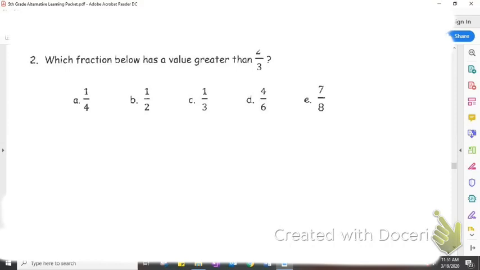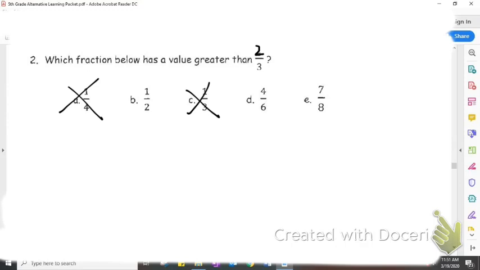Okay, so these ones are all unit fractions, but 2/3 is not a unit fraction, so we have to think of a different strategy this time around. All right, greater than 2/3, not going to be 1/3. That's going to be less than 2/3. Using the same principle we just discovered, 1/4 is going to be smaller than 1/3. If 1/3 is less than 2/3, then 1/4 also has to be less than 2/3.